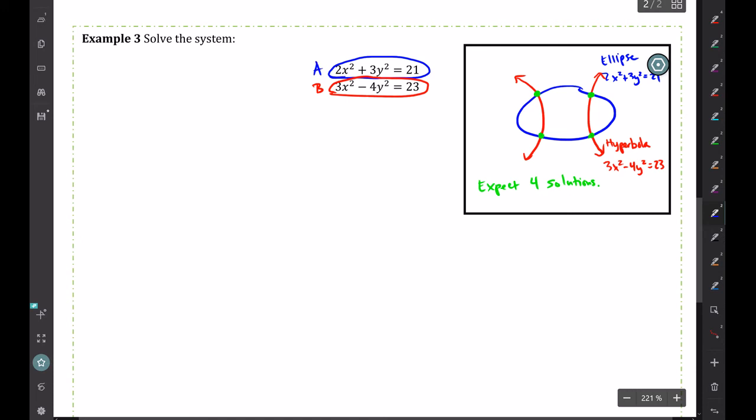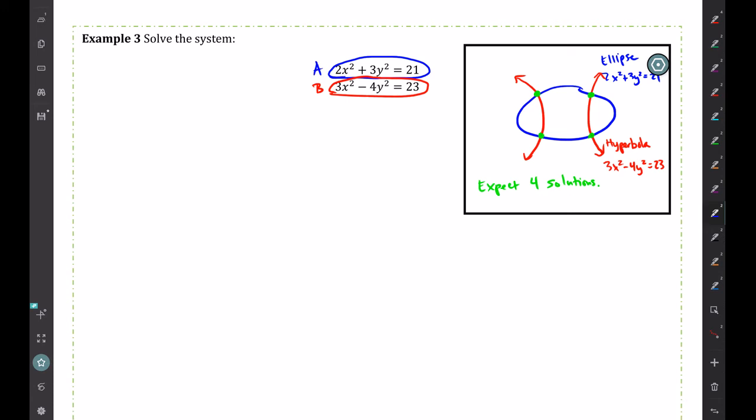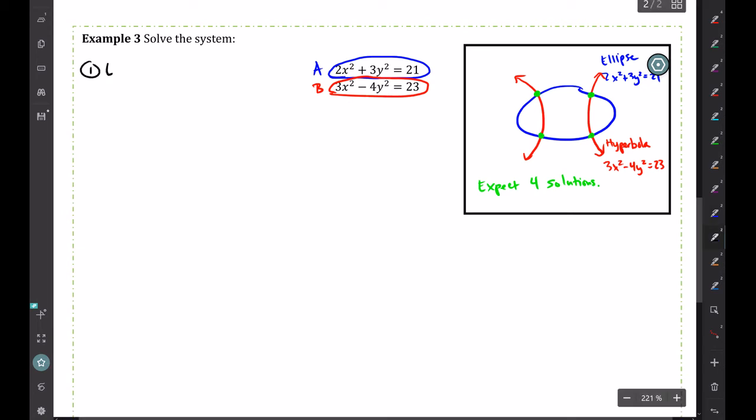Okay, so the blue equation I'll call A, the red equation I'll call B. And so we can start by eliminating y squared. So I'm going to eliminate y squared by taking 4A plus 3B.